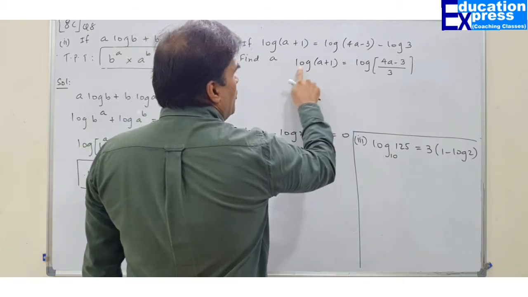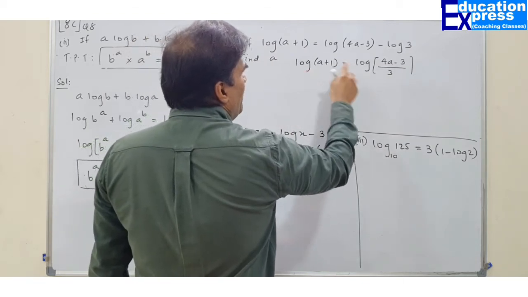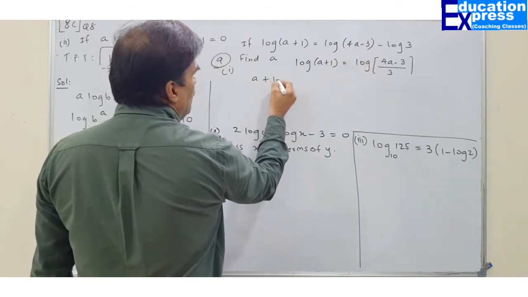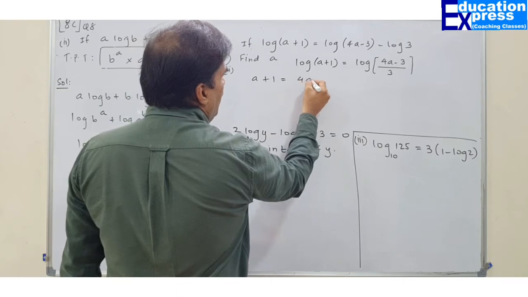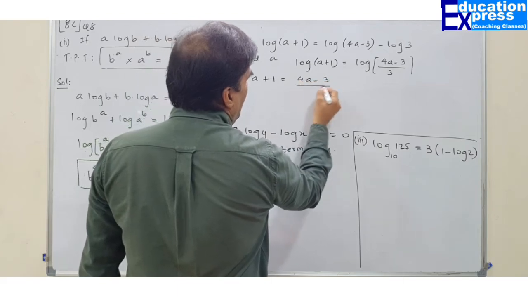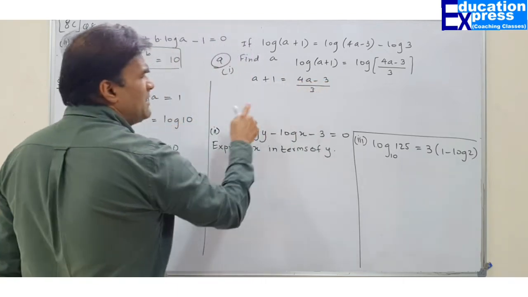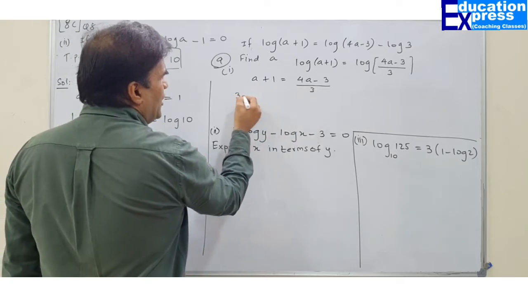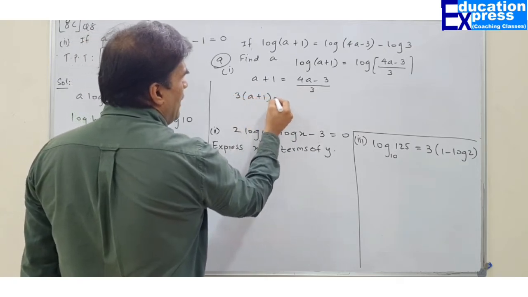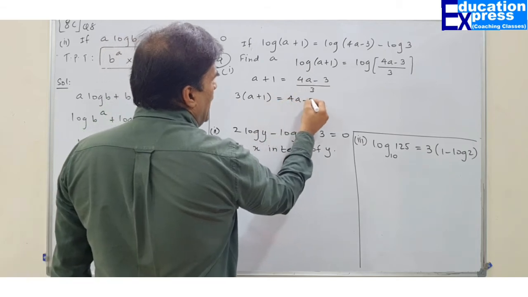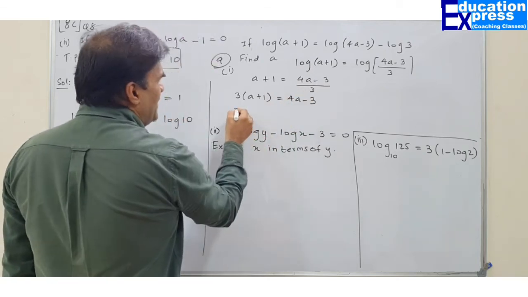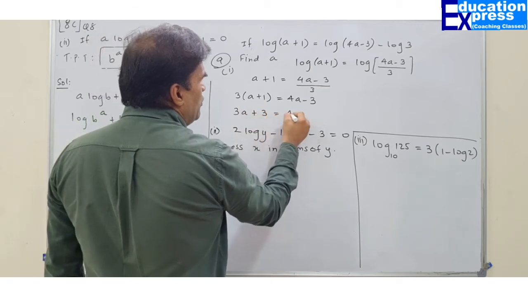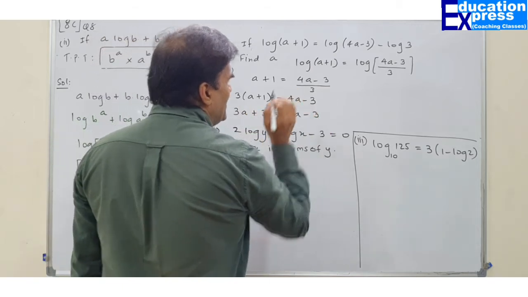Since there is a log on both sides and the bases are also the same, we can remove the log. So you get a plus 1 is equal to 4a minus 3 upon 3. This forms a simple linear equation. This 3 comes on this side, 3 times a plus 1 equals 4a minus 3, which means 3a plus 3 is equal to 4a minus 3.